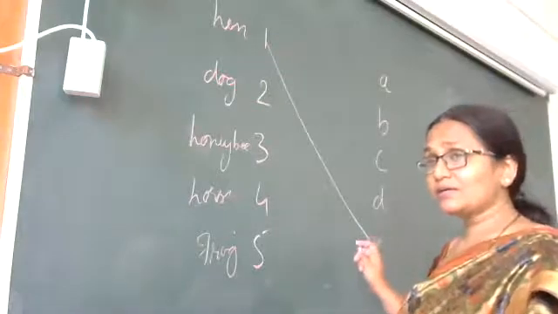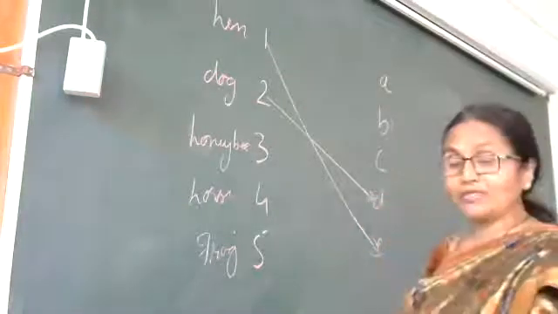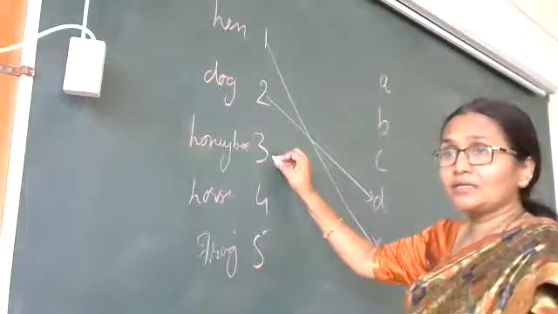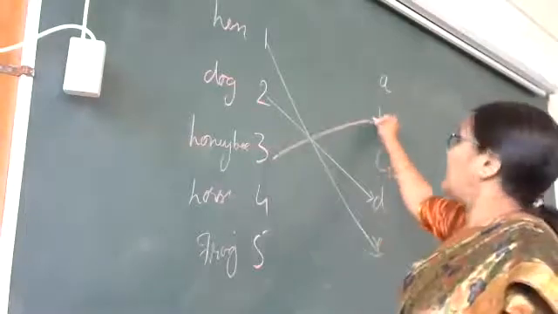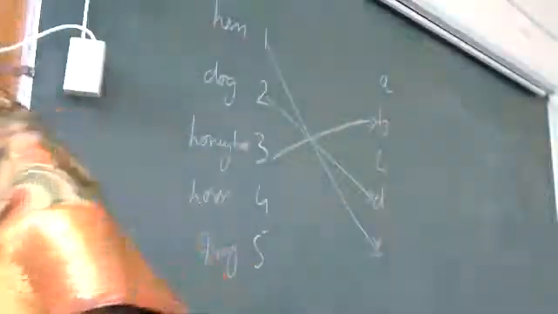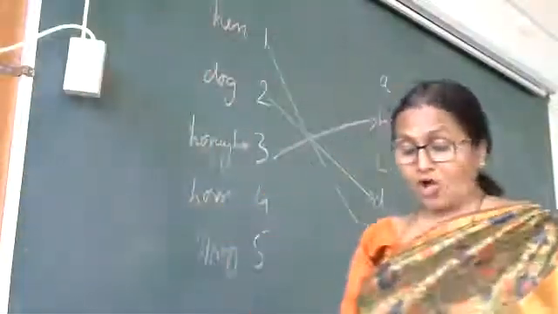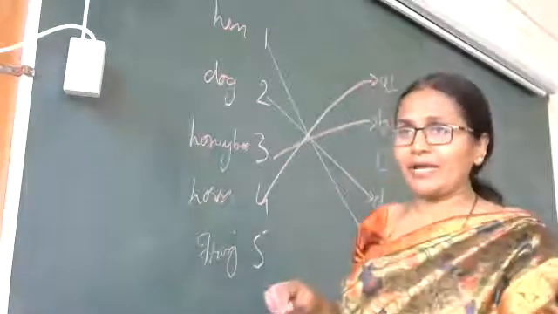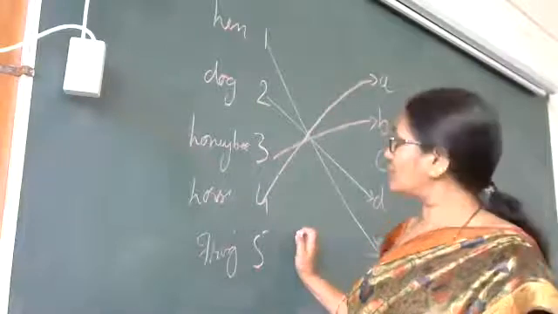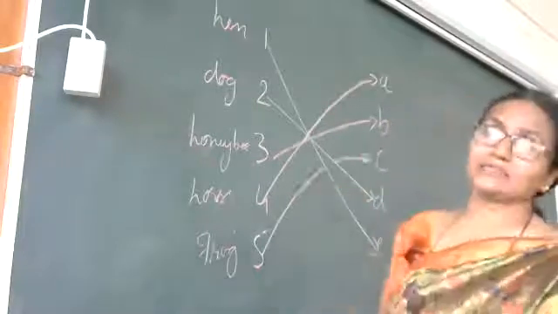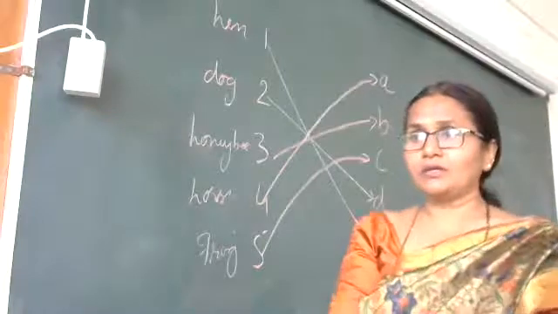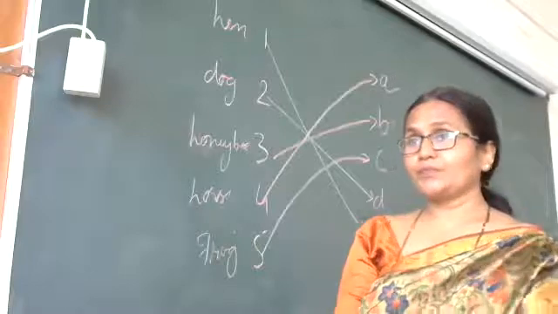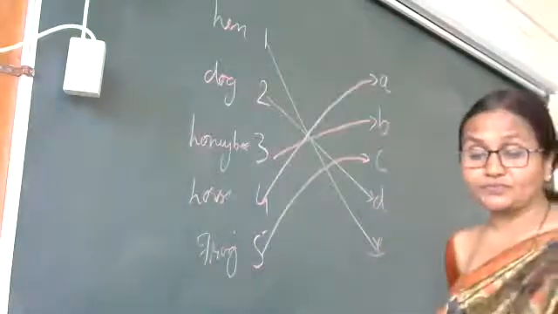D. Very good. Then honeybee. B. Yes, you can see that house. Horse. A. It is called a stable. Okay. The horse lives in a stable. Frog. Understood? Understood, children? Yes, ma'am. Okay. This is match the following. Understood.